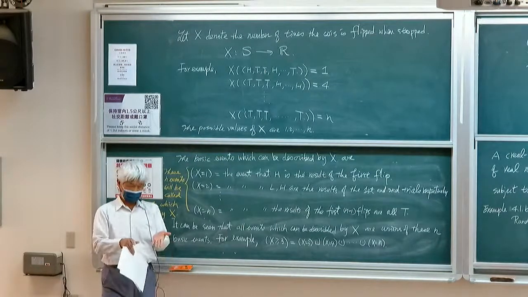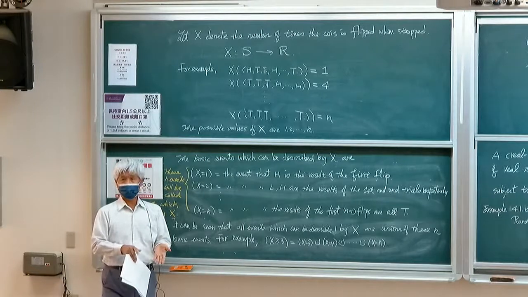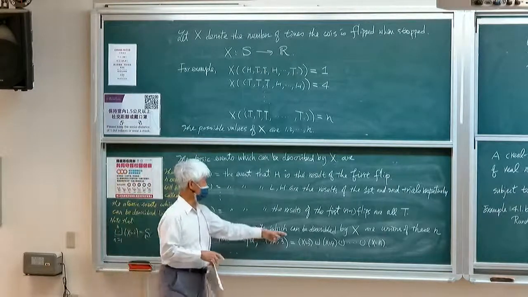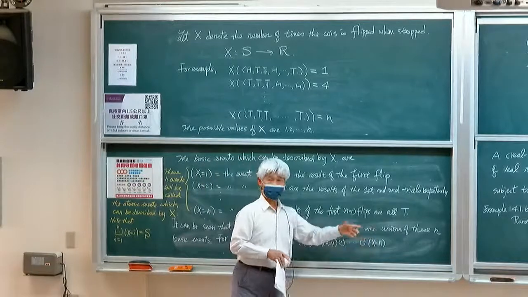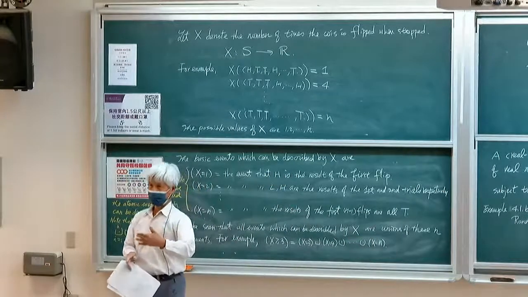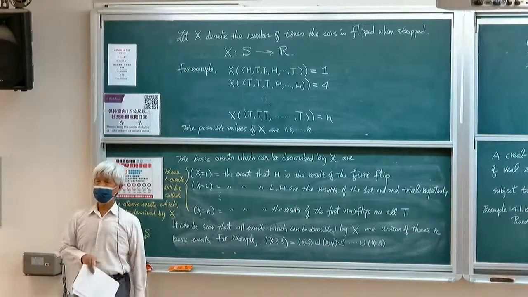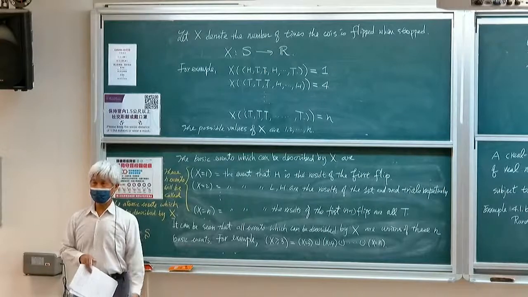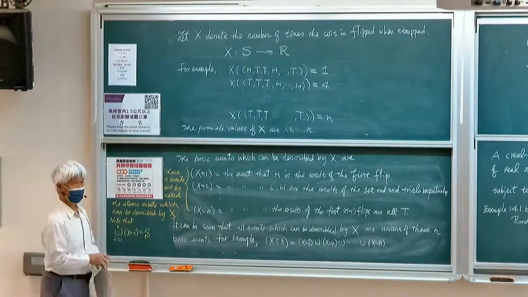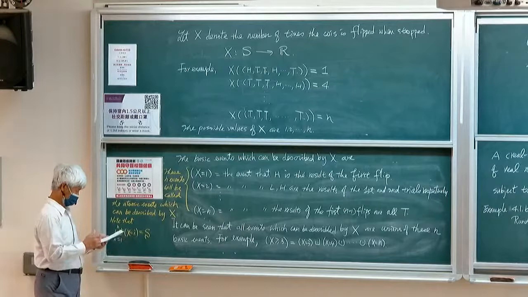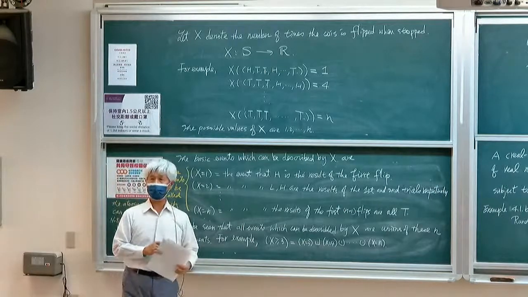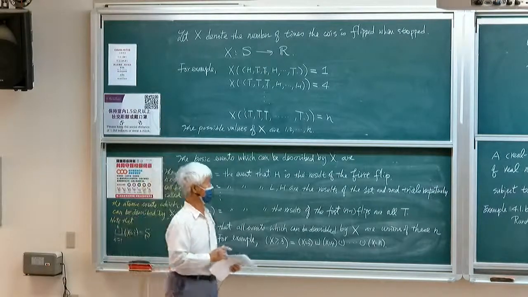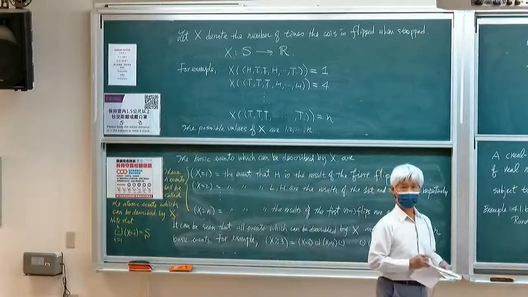So this is the basic building block, and all the events which can be described by X will be unions of these atomic events described by X. Okay? All right, so let's take a break for 5 minutes.